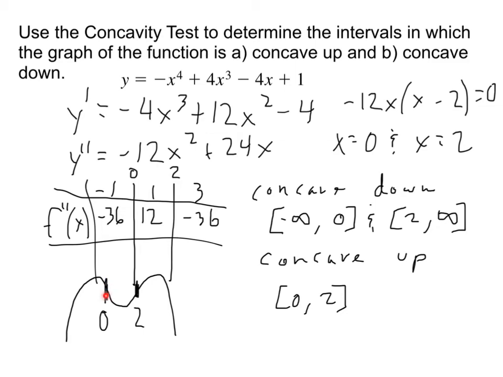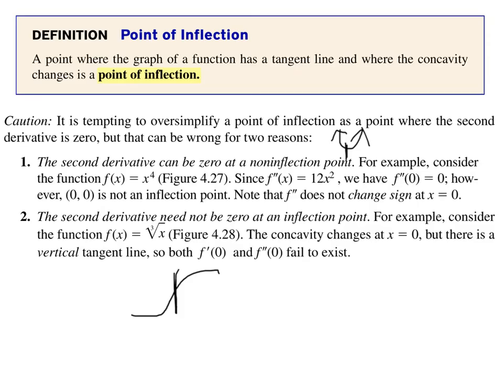Not always where it's 0 does that work, and here's a couple examples. So it's a caution. The second derivative can be 0 at a non-inflection point. If you look at the function x to the fourth, that looks like this. This is at 0. Well, the second derivative is 0 there, but that's not a point of inflection. That's actually a minimum. So that's a good example of one that doesn't work there.